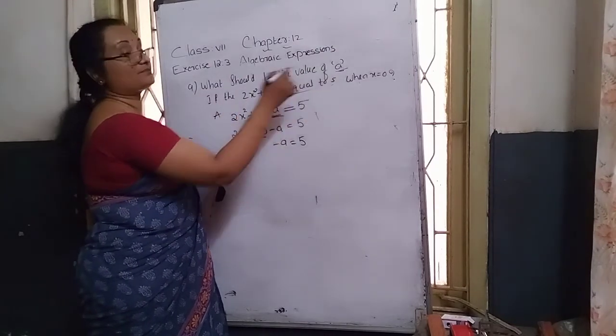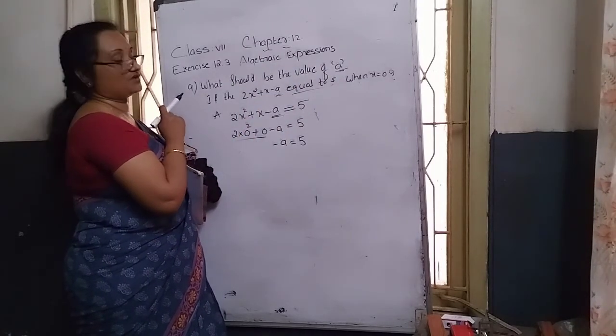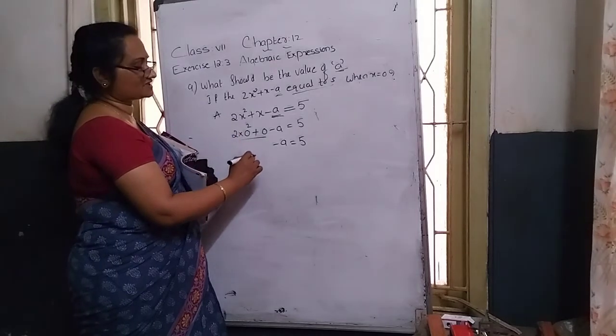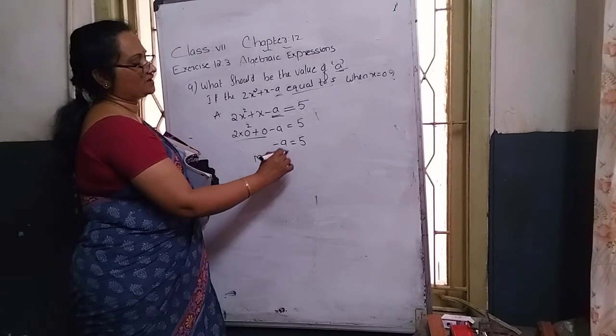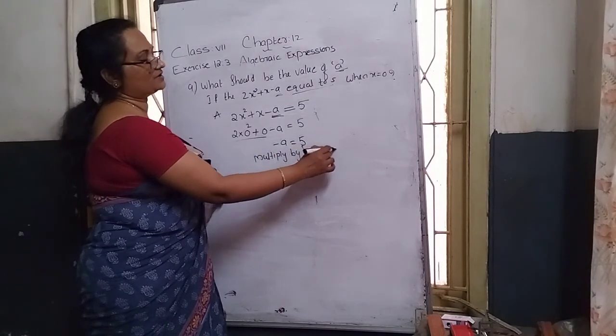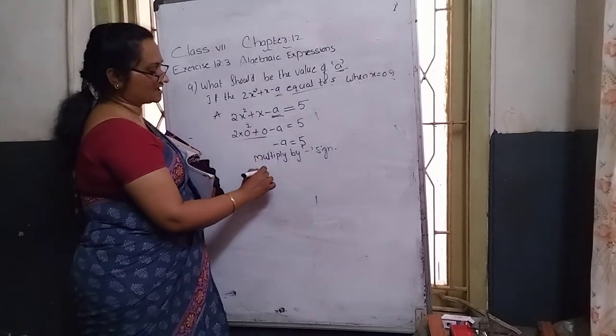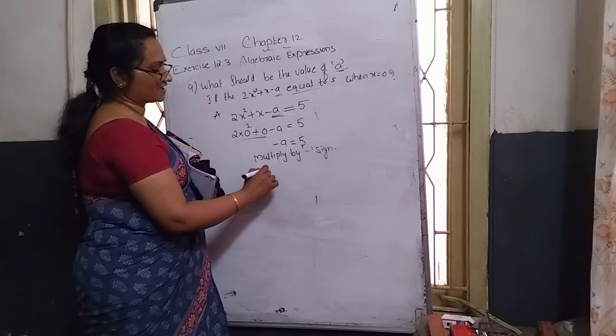We want plus a, not minus a, but we got minus a equal to 5. How to remove this minus sign? Multiply the left side and right side by a minus sign. Left side, minus a is there, that one I multiply with minus.